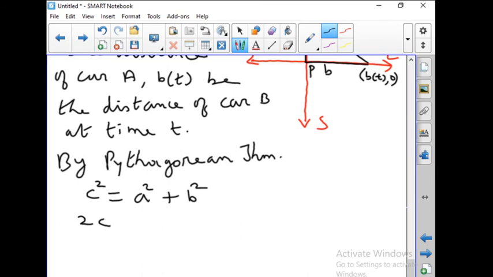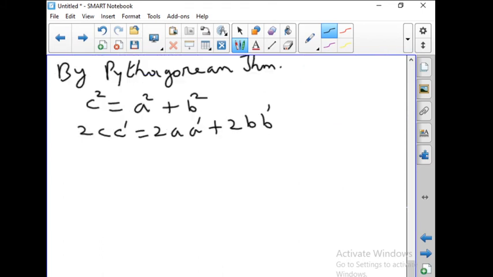2c into c dash is equal to 2a dash plus 2b dash. So 2 is common, so 2 can be taken out, a dash plus b dash, 2 gets cancelled, therefore we get c dash is equal to... So what is asked to find?